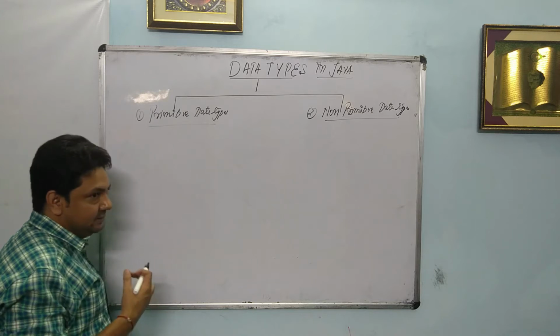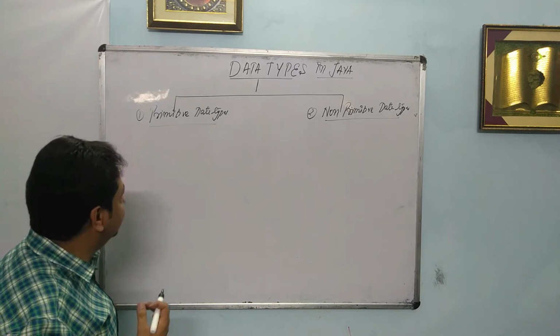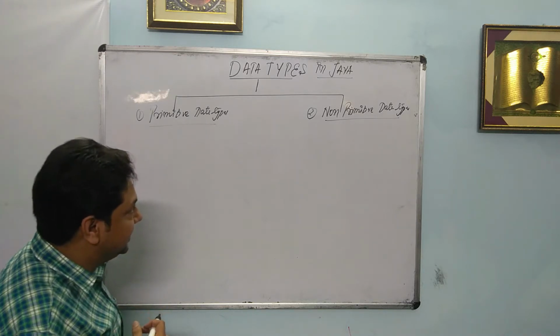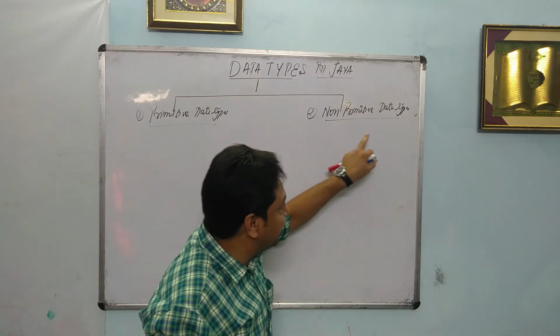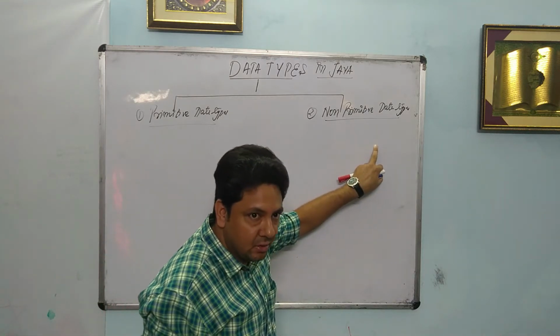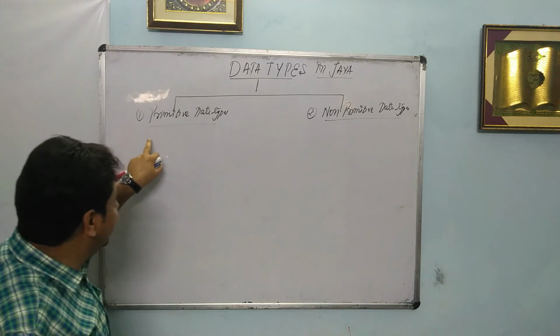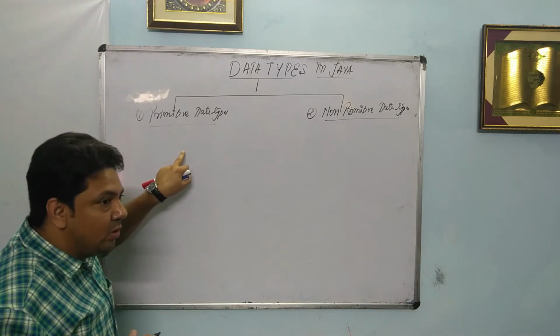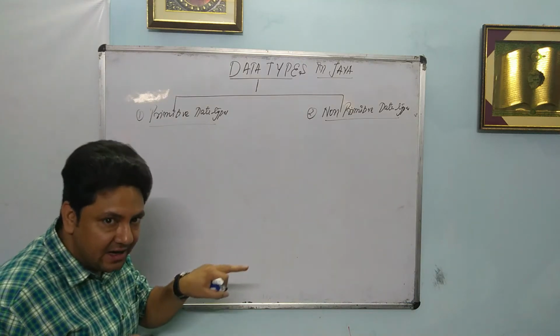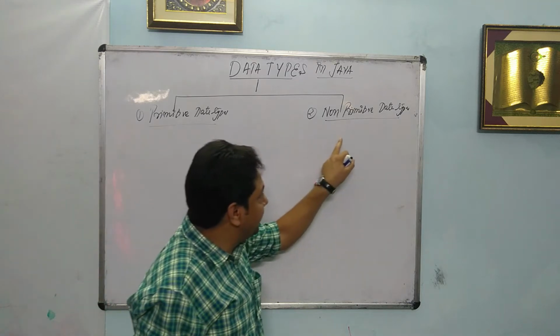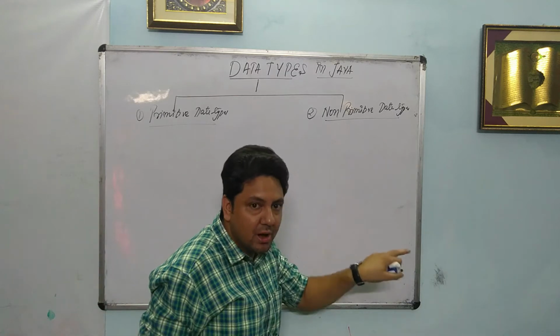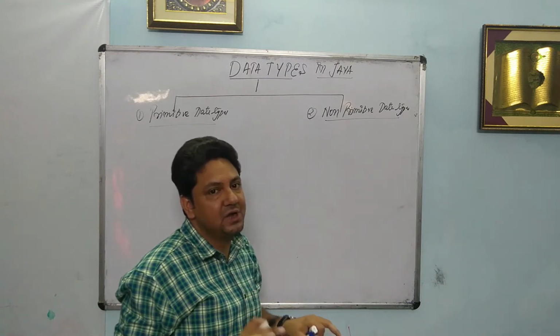Third, the storage mechanism of primitive data types is different from the storage mechanism of non-primitive data types. Primitive data types can only store a single value at a time. Non-primitive data types can store or manage multiple values at a time.